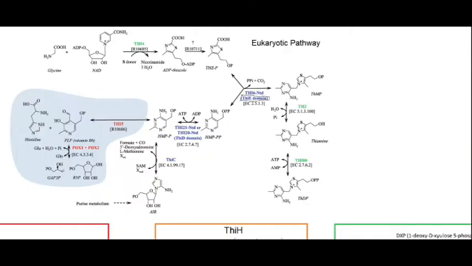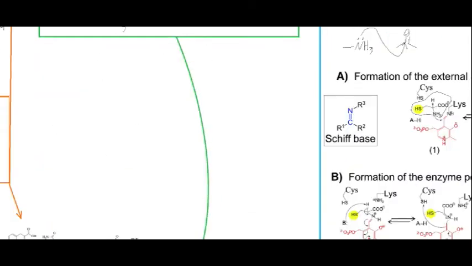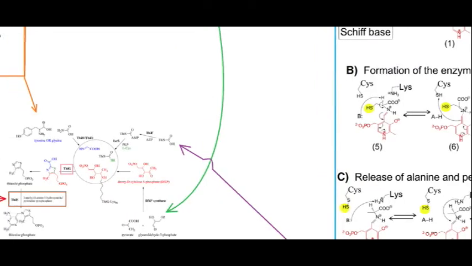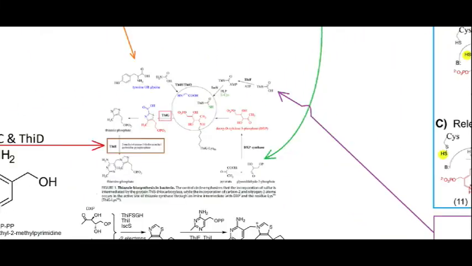Let's just move on to what I have down here. So I have the arrows from all these steps coming in over here. And so with our THIH or THIO, we got our dehydroglycine from the tyrosine or glycine. We got the THIS with our sulfur here.